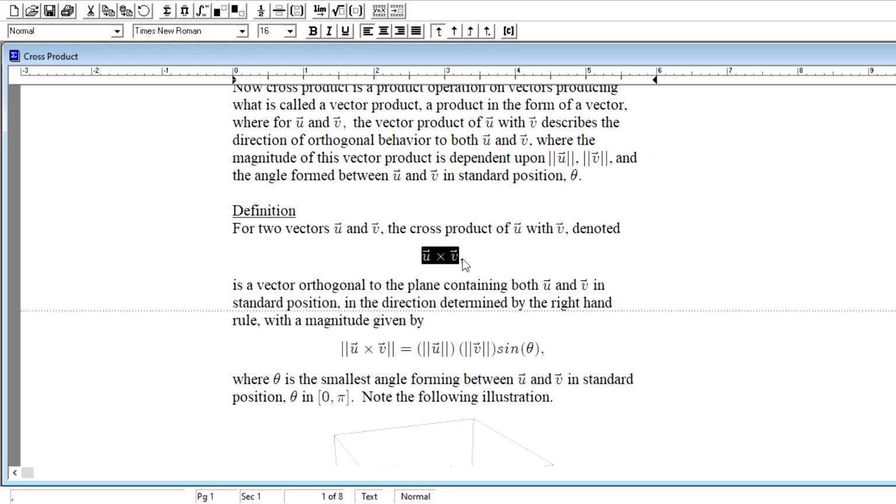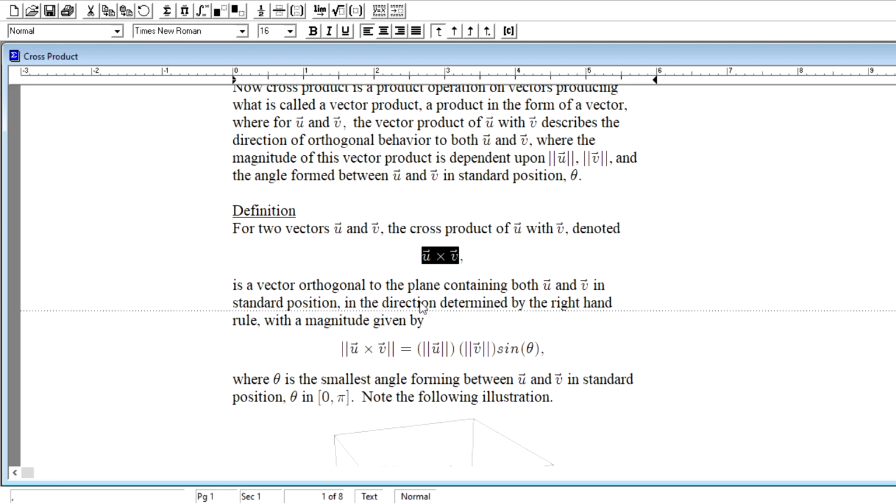If I put vector u and vector v in standard position, they will exist within a plane together. A two-dimensional plane will contain both u and v at the same time. Well, the cross product is a vector that's orthogonal to that plane.